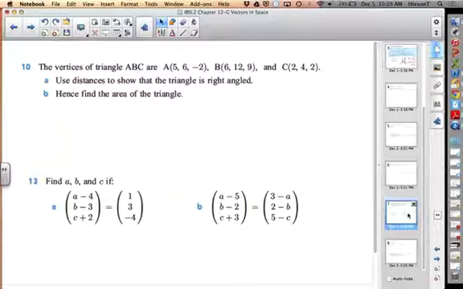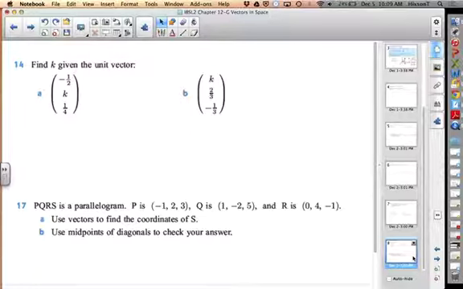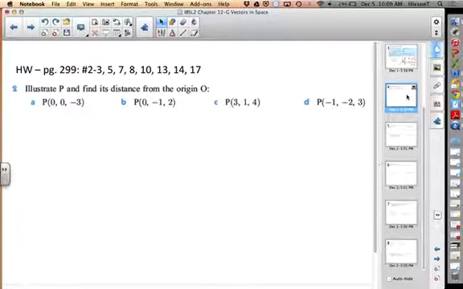Showing that something's a right triangle in 3-dimensional space. Finding the area of that triangle. You know, some other things here as well. So, should be some good practice. But try those, come with questions tomorrow, and should be good.